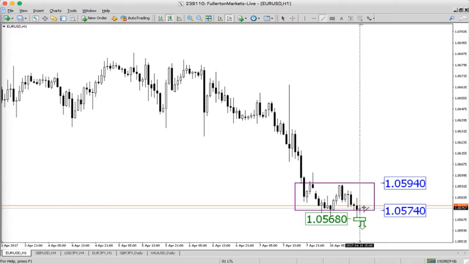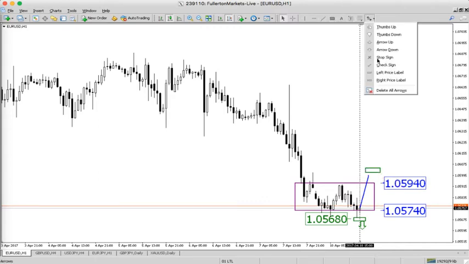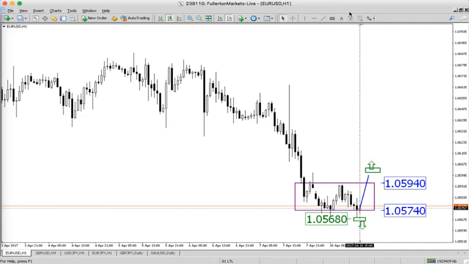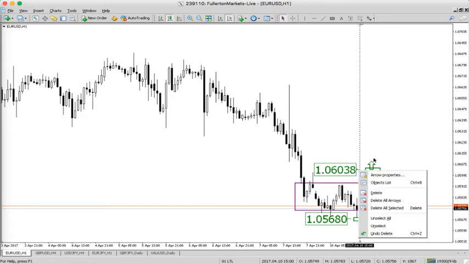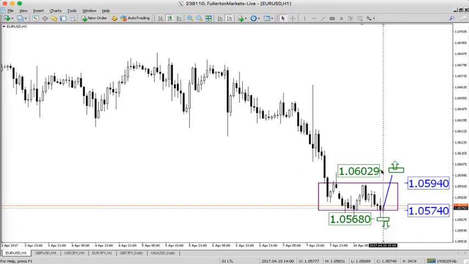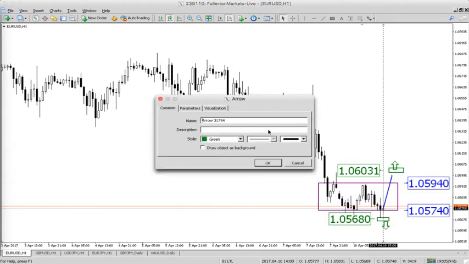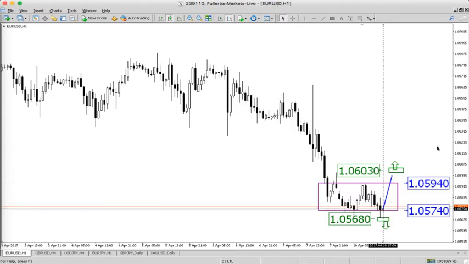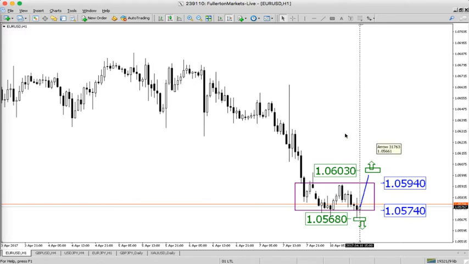Of course, the other possibility is if the price retraces all the way up over here for whatever reason, that would be my criteria to go long if it closes above 1.0594. Maybe around 1.0603. If it closes at 1.0603 or higher, that would be my criteria to go long.